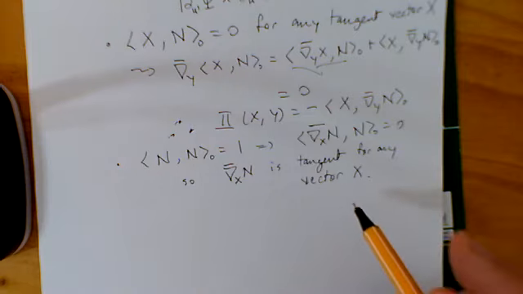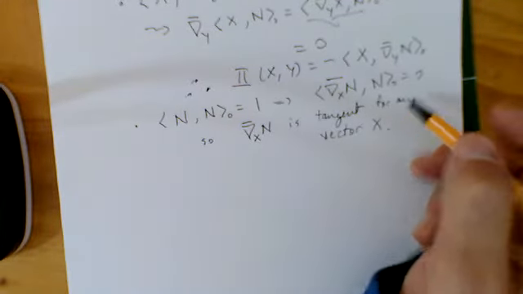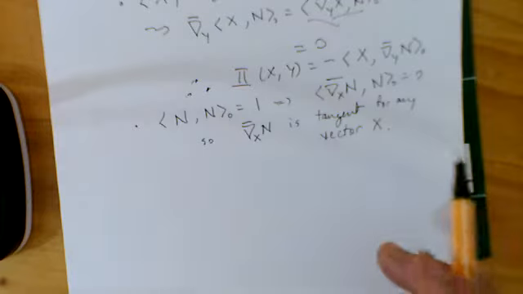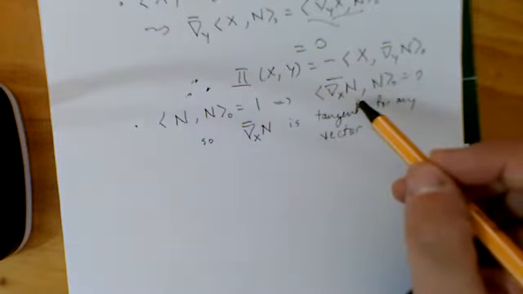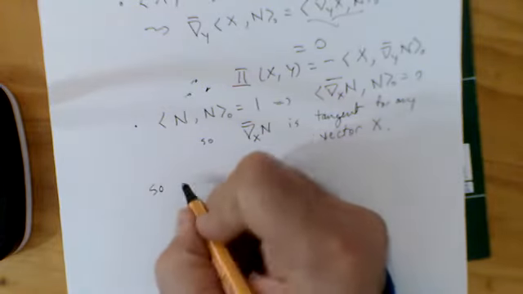And this really gives us our notion that the gradient of the normal map captures everything about how the surface bends.